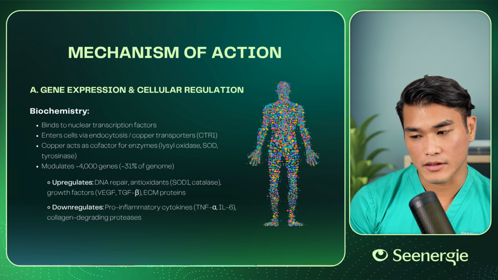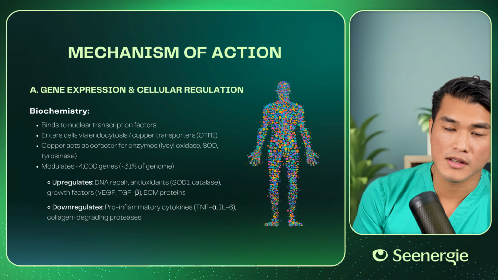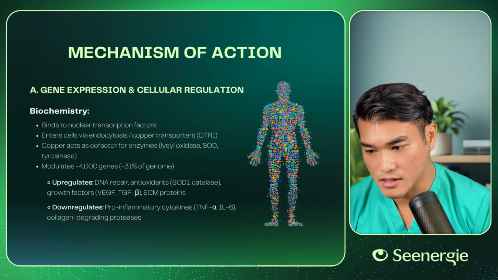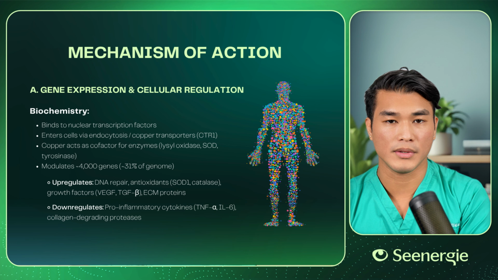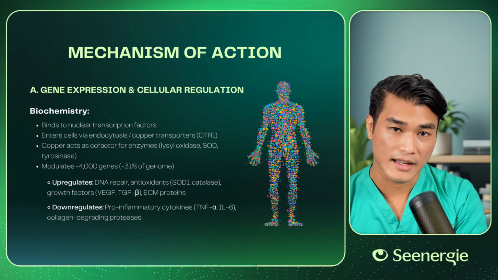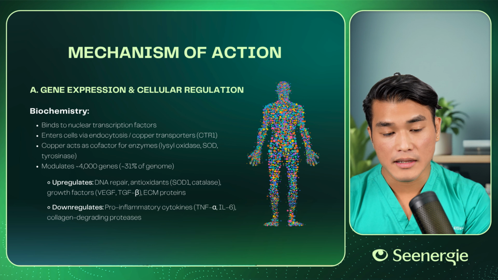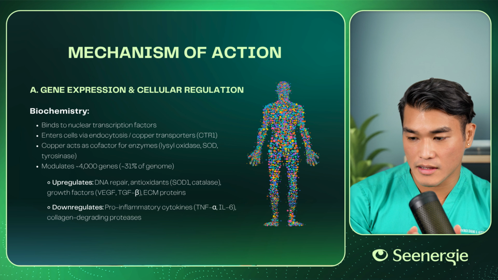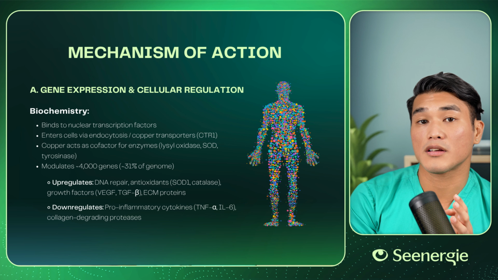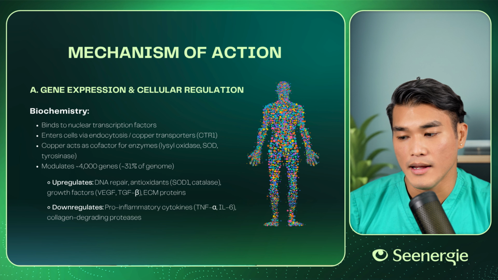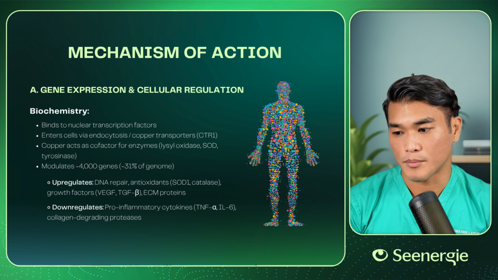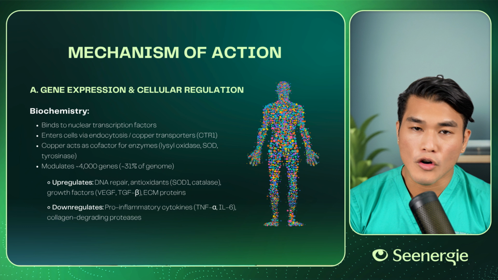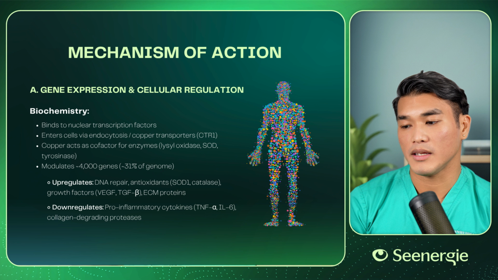It is a cofactor for several enzymes such as lysyl oxidase, superoxide dismutase, and tyrosinase, which we'll be coming across multiple times during the lecture. Basically, they are crucial for connective tissue and antioxidant defense. This interaction between the peptide and copper modulates up to 4,000 genes in your body.